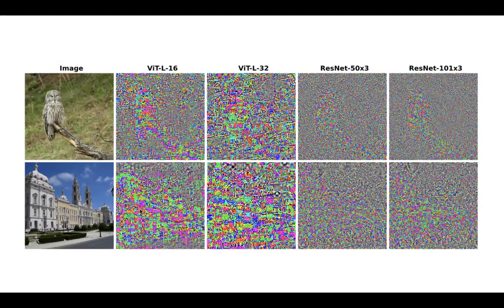So we can see that patchy pattern in the foreground of an adversarial attack generated for ViTs, and we don't see that patchy pattern in the white box attack for the ResNets. But we see one common thing here: the perturbations are more in the foreground than in the background.